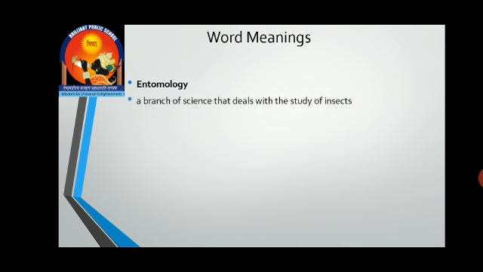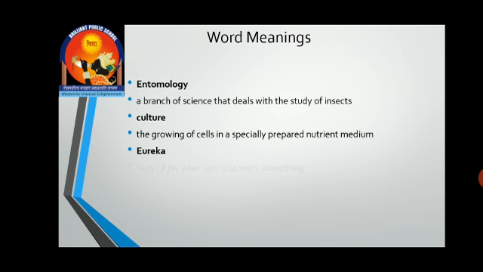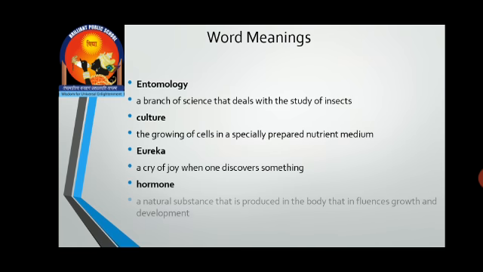Entomology is a branch of science that deals with the study of insects. Culture means the growing of cells in a specially prepared nutrient medium. Eureka, a cry of joy when one discovers something. Hormone means a natural substance that is produced in the body that influences growth and development.